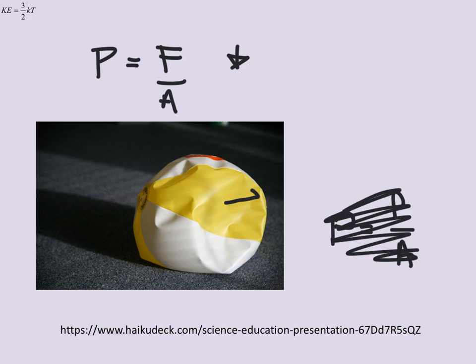But we know that for this ball situation, the pressure of the gas molecules inside is going to be equal to the pressure from the gas molecules outside, because in this situation the ball can shrink or expand as needed to keep these pressures balanced.